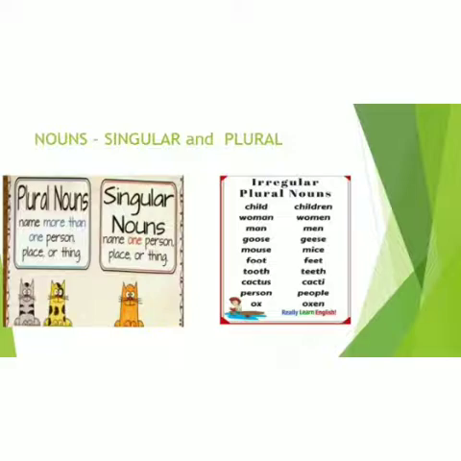Singular nouns ending in S, SS, SH, CH, X, or Z need an ES at the end to become plural. For example, box, boxes, crutch, crutches, cat, cats.